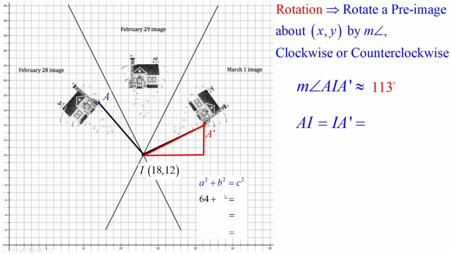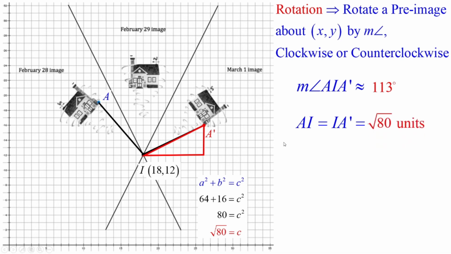And b squared is 16, and that has to equal c squared. So 64 plus 16 is 80, so 80 equals c squared. Then I take the square root of both sides to get root 80 equals c. So I'm going to say that this distance is root 80.